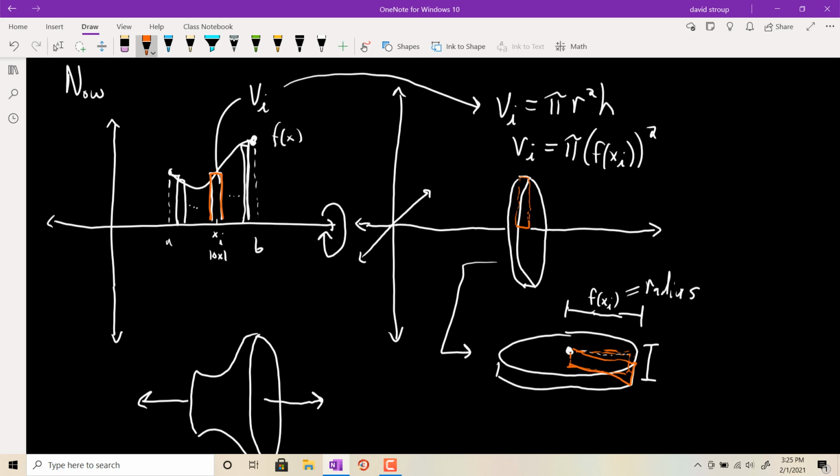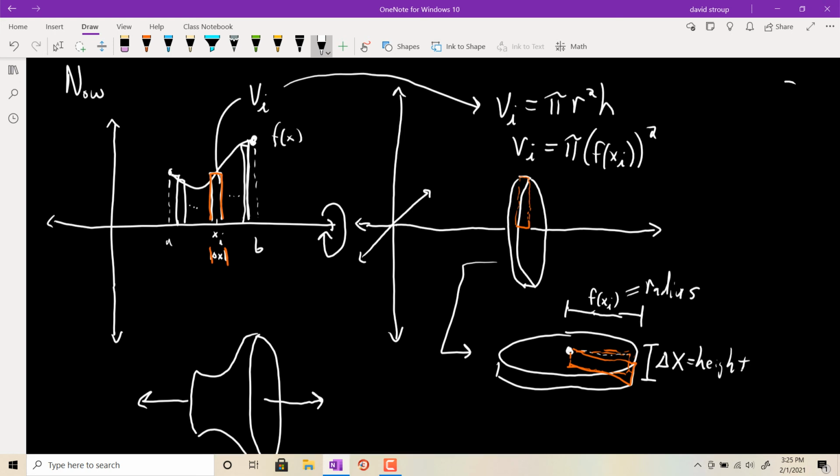Okay, so I need the length of the base of the rectangle, which in our case is given by the change in x. So this height dimension, which is like a base of the disk, is going to just be change in x. Okay, so that will be the height of the cylinder.